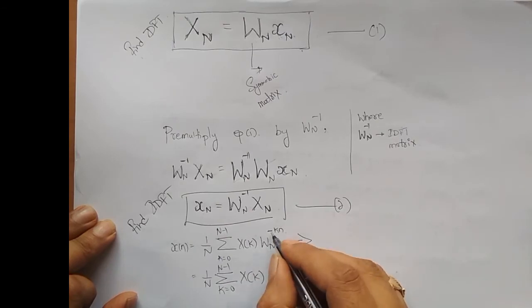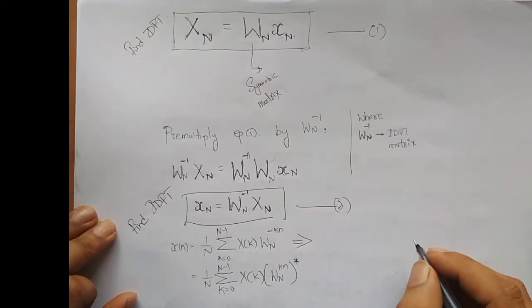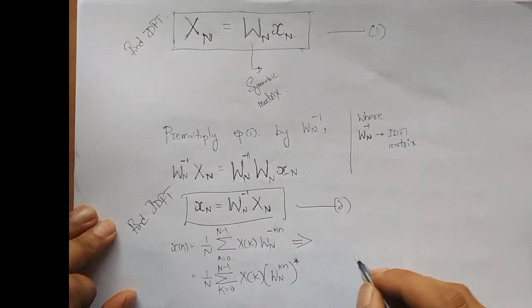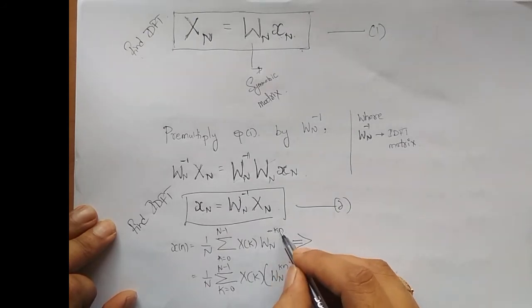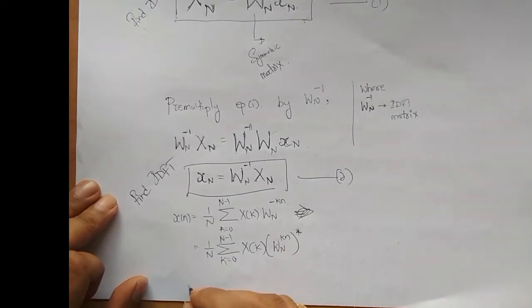Instead of writing Wn power minus kn, since this is a complex matrix, I can write it as Wn power kn whole power star, where star is nothing but the complex conjugate of the matrix. So instead of Wn power minus kn, I write Wn power plus kn with a conjugate symbol.